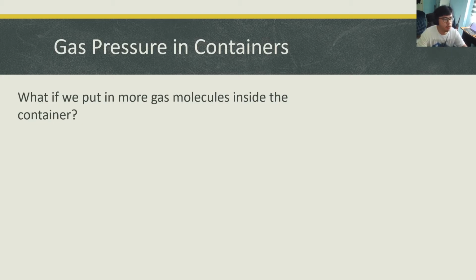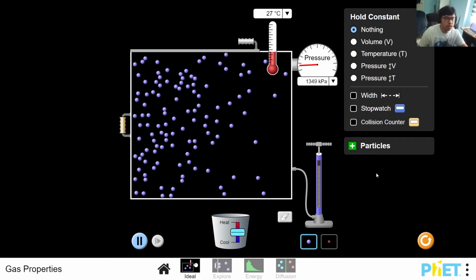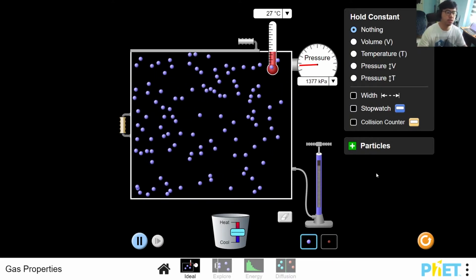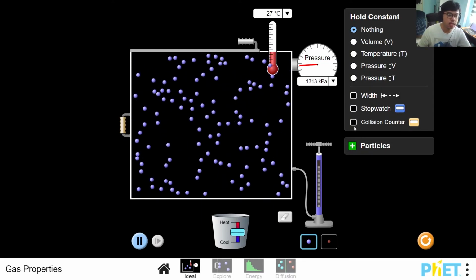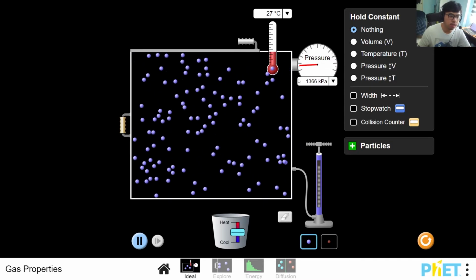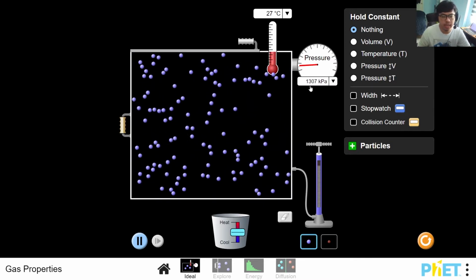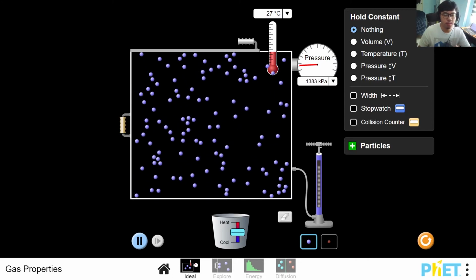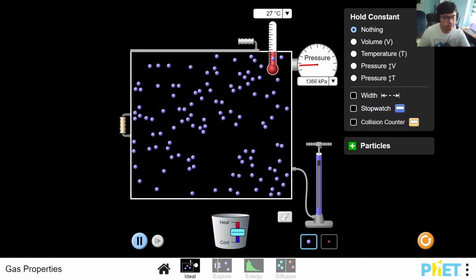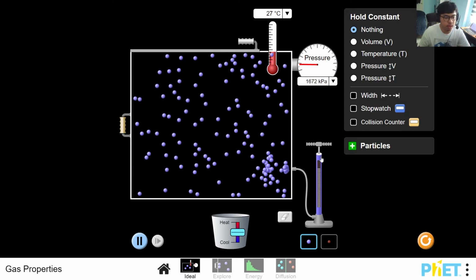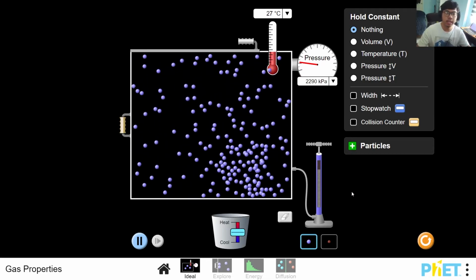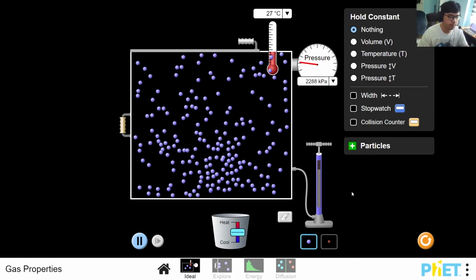What happens if we put more gas molecules inside the container? Let's use this simulation again to show what happens. You can see right now the pressure is about 13 kilopascals. If we put in more gas molecules, what will happen? I'm going to give 3 more pumps, 1, 2, 3, doubling the amount of molecules.